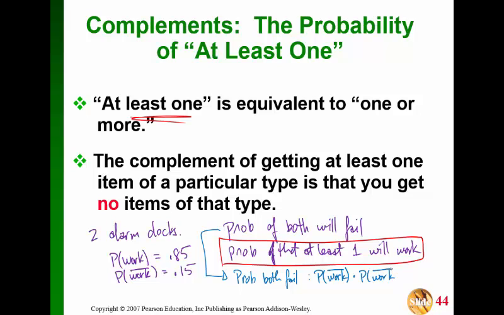Assuming these clocks are independent of each other, they're not connected, we can just use the regular multiplication rule. 0.15 times 0.15, which is equal to 0.0225. So that's the probability that both of them will fail.